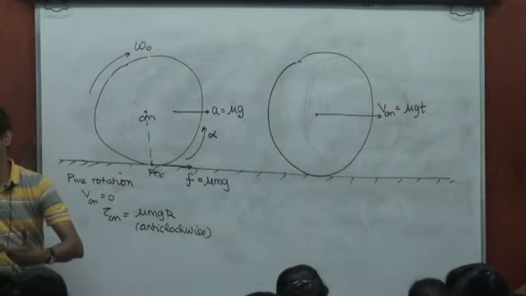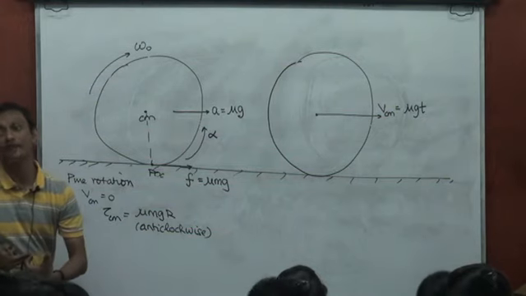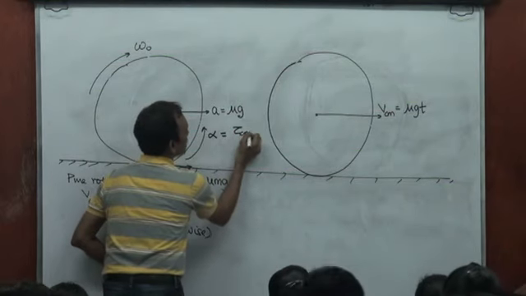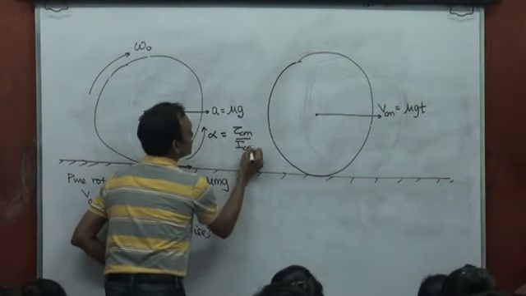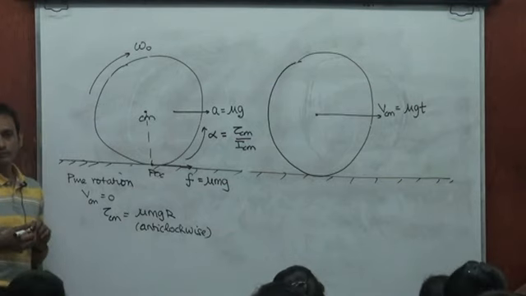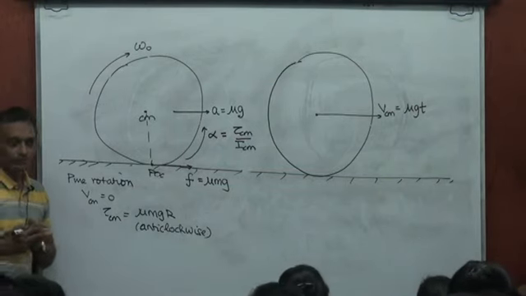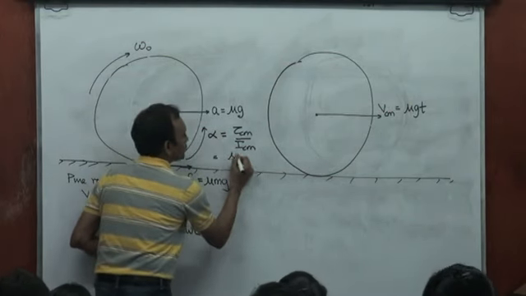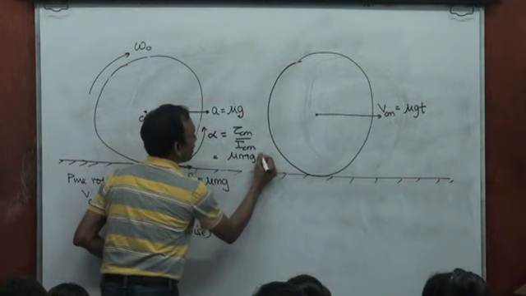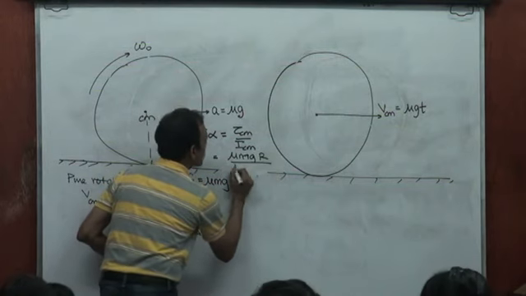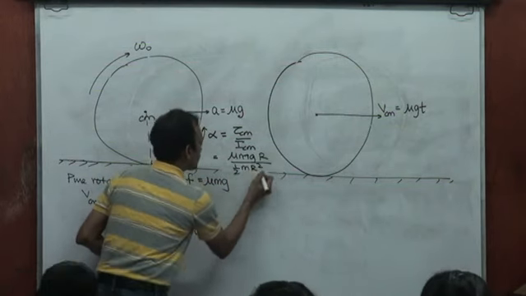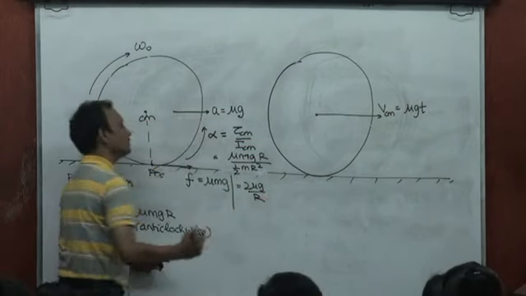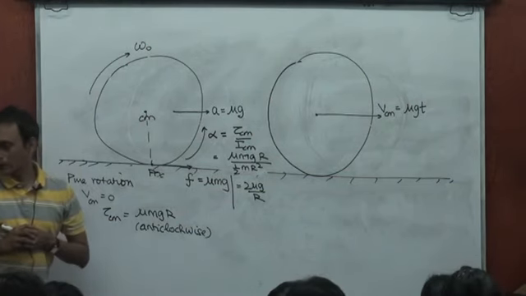And I'm perfectly eligible to apply tau equal to I alpha about the center of mass. So, this alpha is going to be tau about the center of mass divided by I about the center of mass. Right? So, this is going to become again mu mg into r divided by half m r squared, which is like 2 mu g by r.